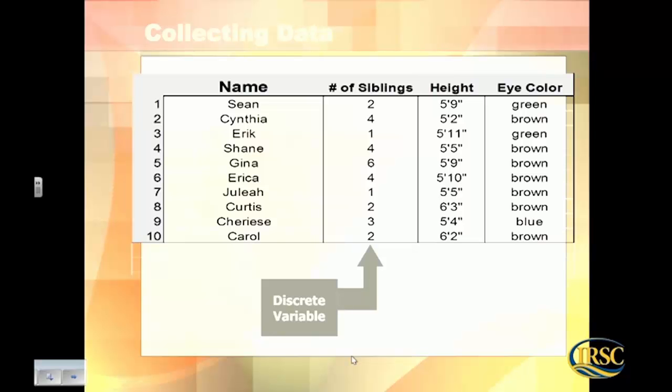Number of siblings. Remember, it is a quantitative variable, but I said be as specific as possible, which means it's the countable variable. All right, next one. Who wants to take a stab at that one? Carol? Qualitative. Nope, next one's not qualitative.